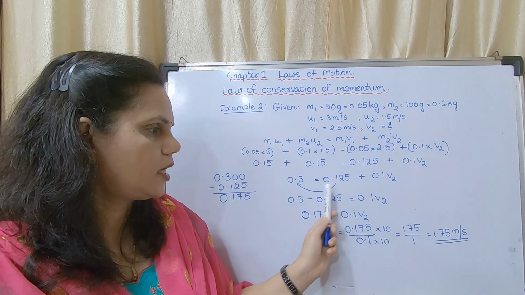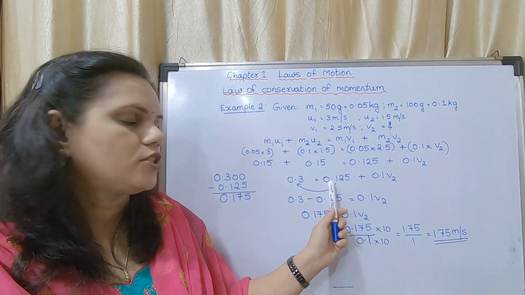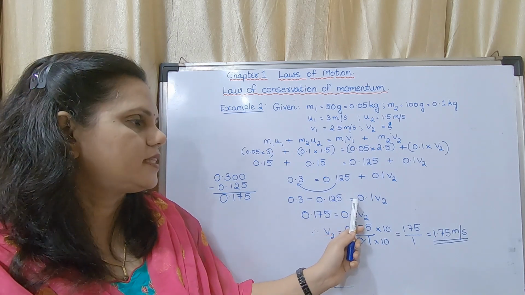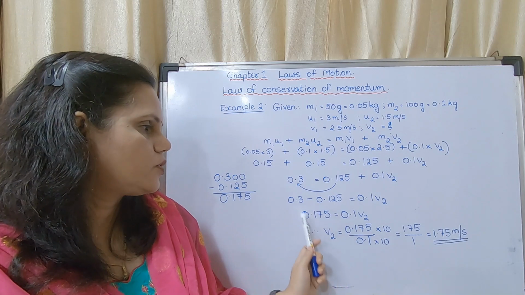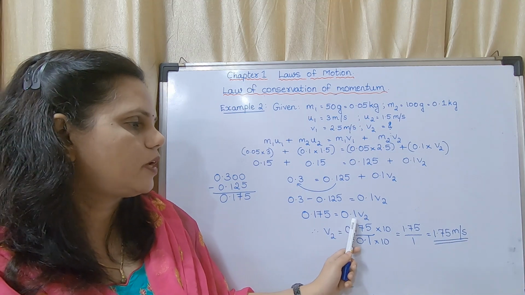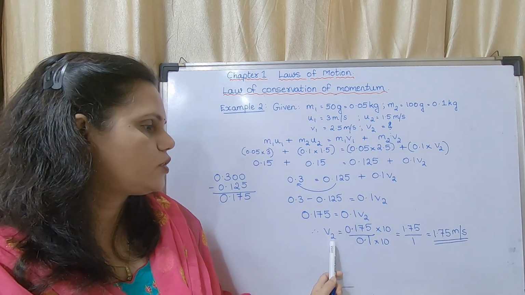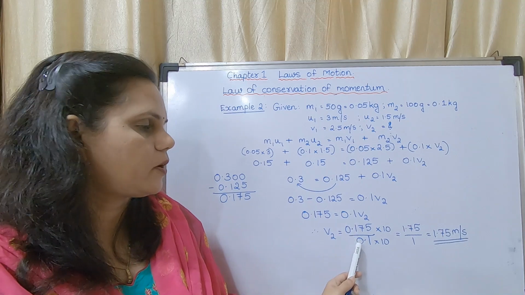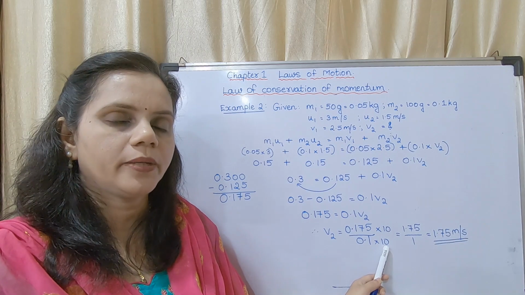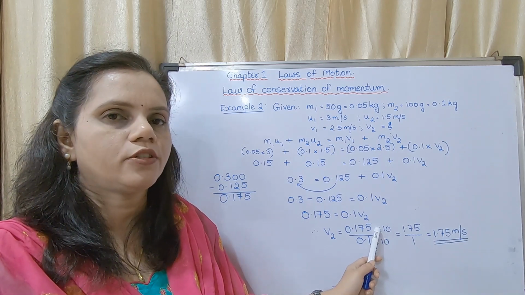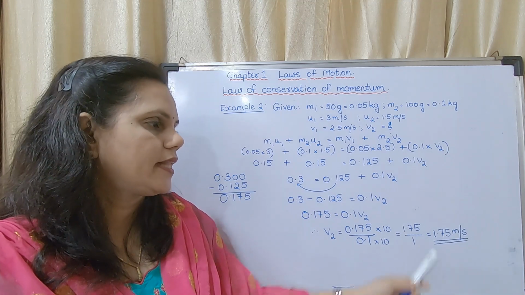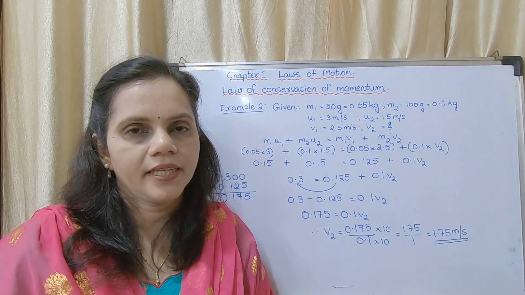Taking 0.125 to the other side, 0.3 minus 0.125 is 0.175, equal to 0.1 v2. So v2 is 0.175 upon 0.1. After the decimal there is one digit, so multiplying numerator and denominator by 10 you get 1.75 upon 1, which is 1.75 meter per second.